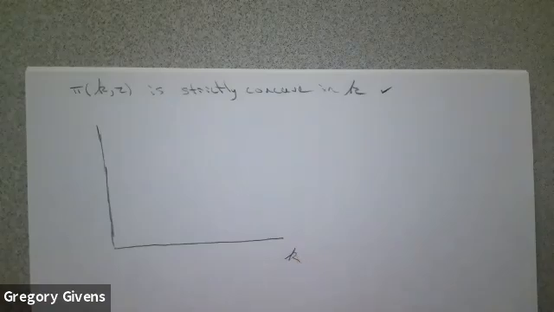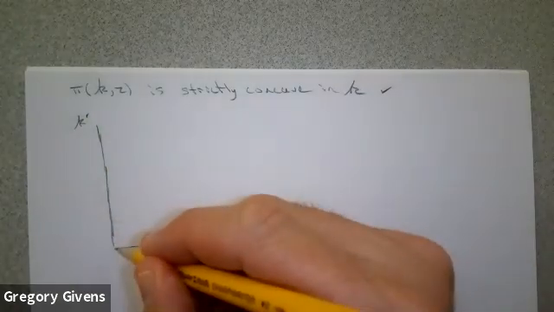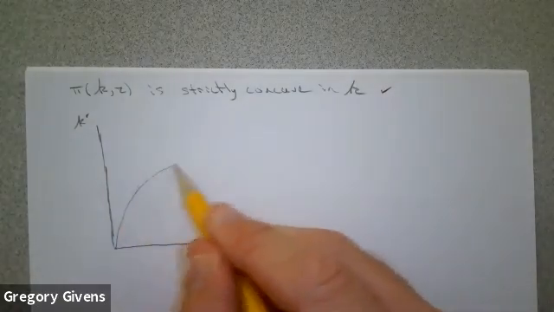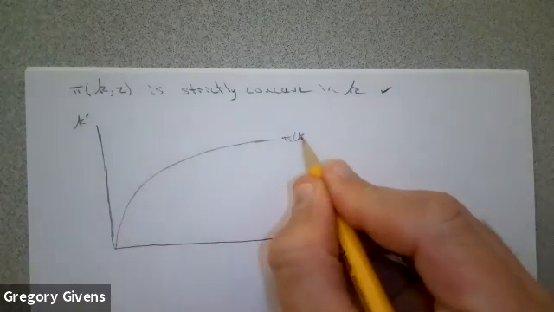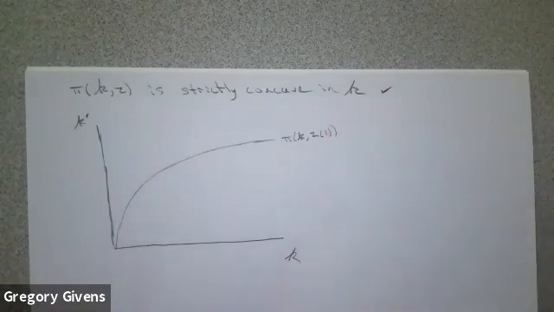So here are my K's, and here are my K primes. That is the optimal value of next period's capital stock. Pi of K Z probably looks something like this. And by the way, this will be pi of K Z1, since that's the case I'm talking about.